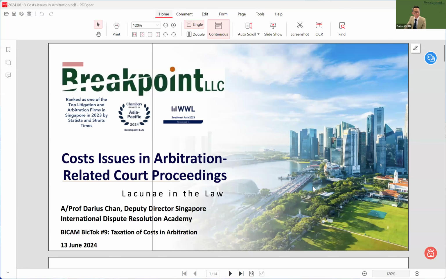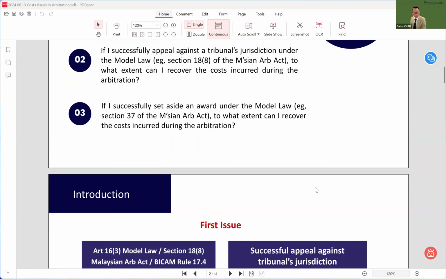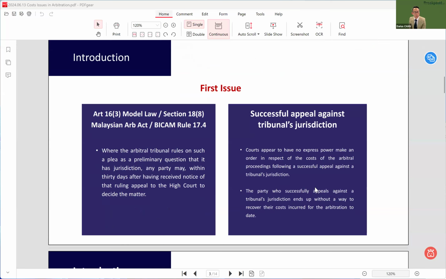And on the first issue, I've set out Article 16.3, 18.8 of the MAA and BICAM Rule 17.4. That relates to a decision on jurisdiction that has been issued by a tribunal.